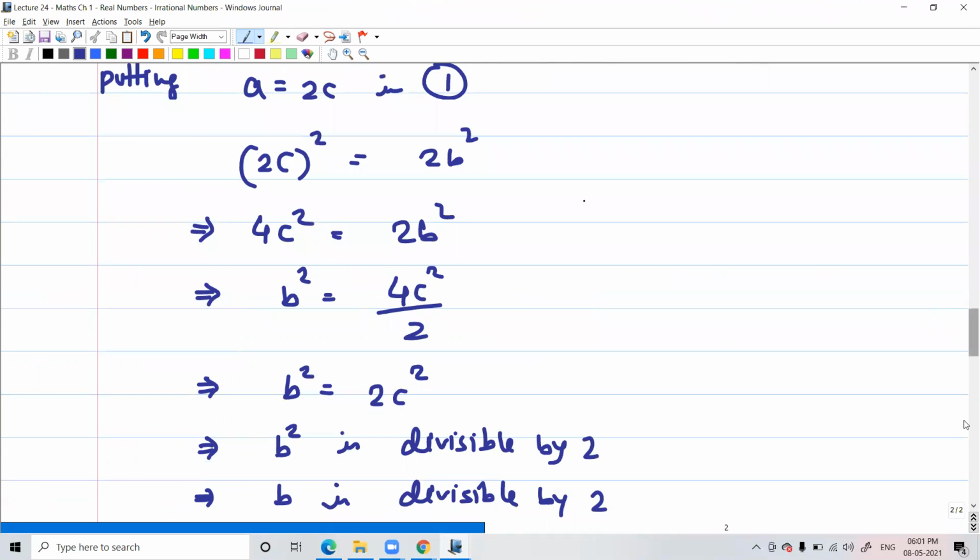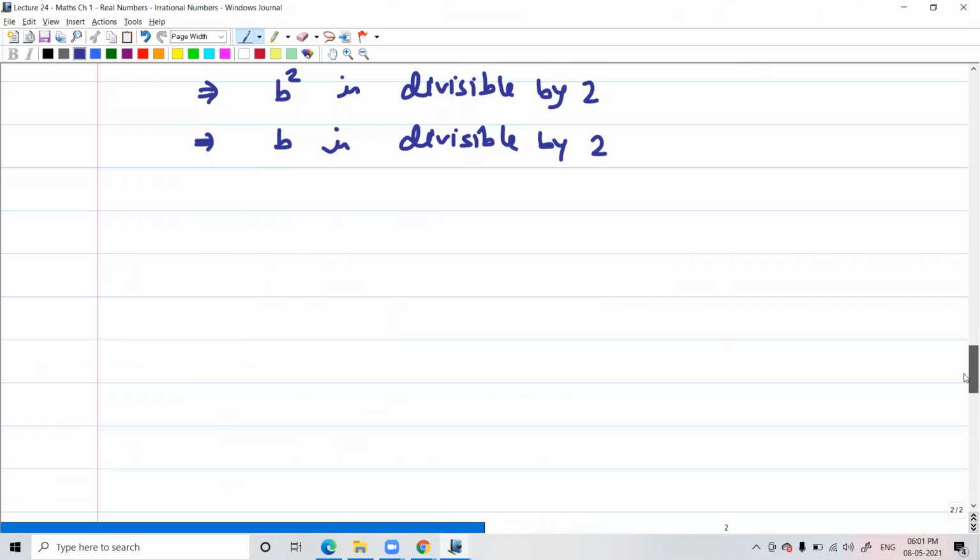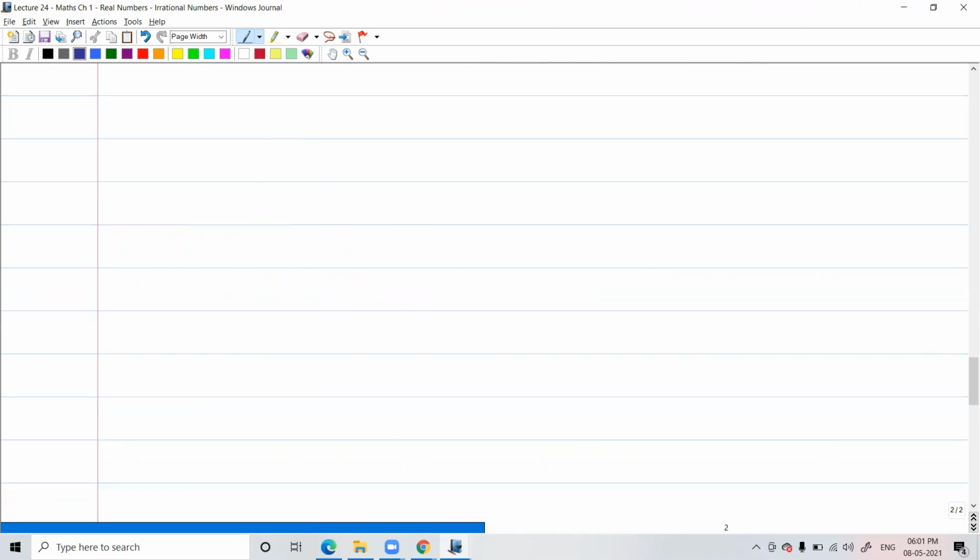We write it in the form of p by q. Rational means we can write it as p by q, where p and q are integers.